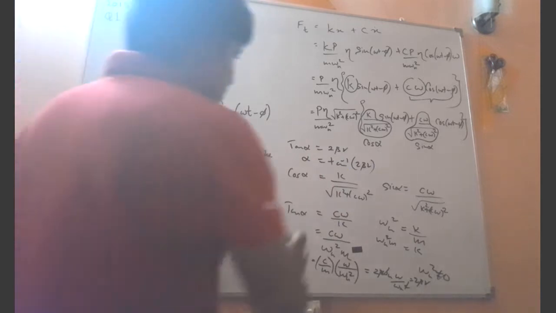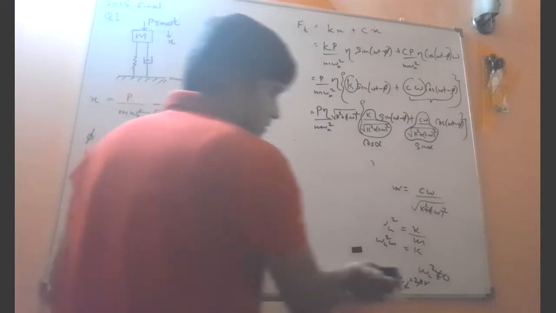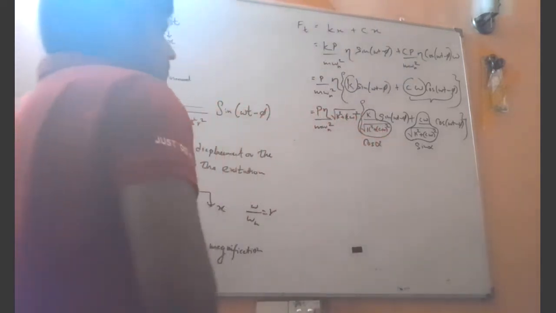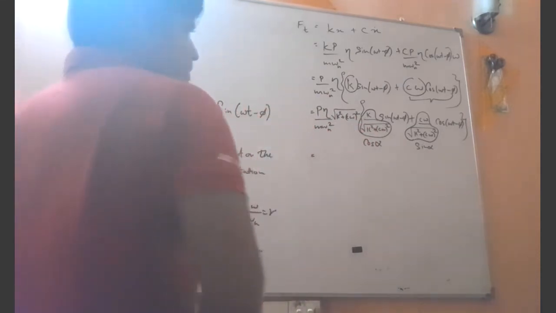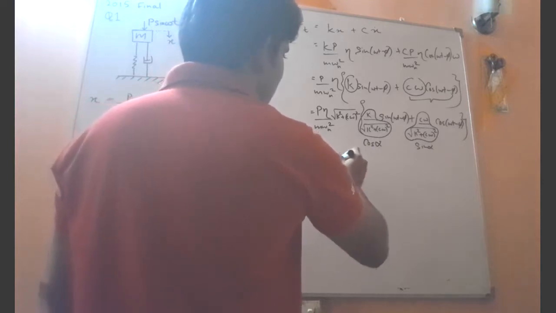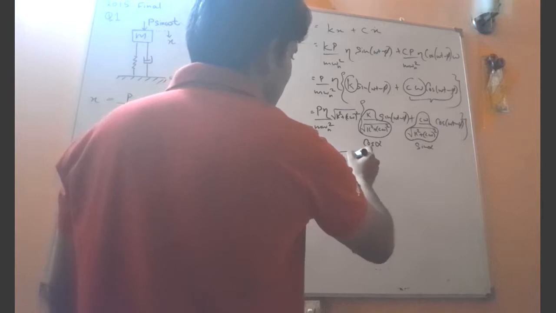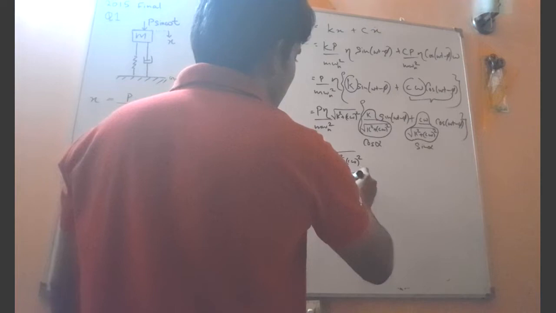I'm just explaining that. It's not necessary here, just for your knowledge. So now, what do you have here? P0 times the square root of k squared plus c omega whole thing squared, divided by m omega n whole thing squared.